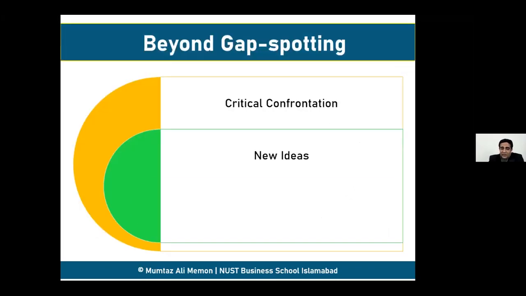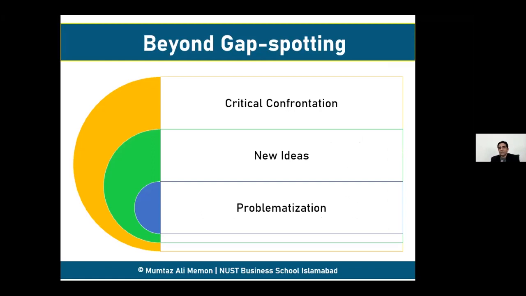Okay, now these are the takeaways. The same article is saying that we should go beyond gap spotting. Gap spotting is something very old. No need to focus on that. Critical confrontation, focus on that. Review, and see something very critical. What is going on? What is missing?